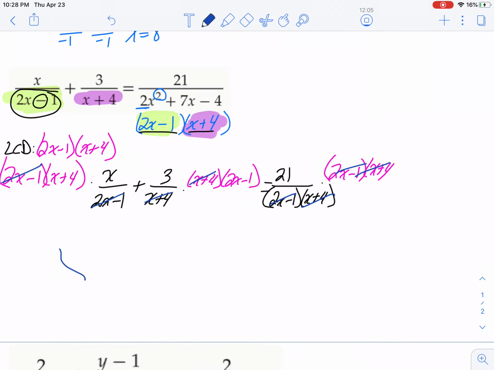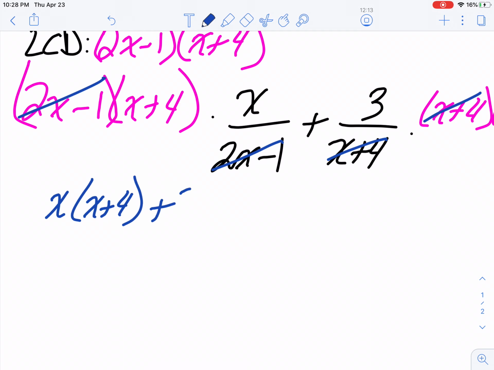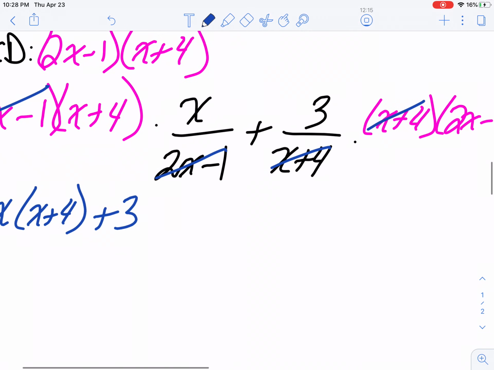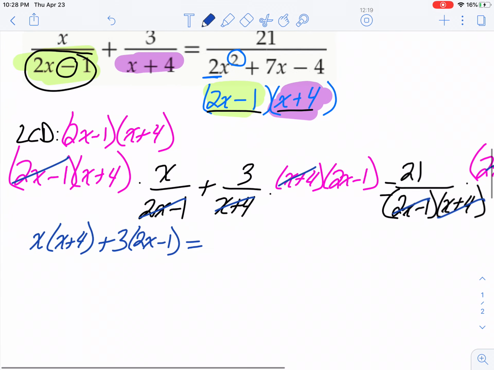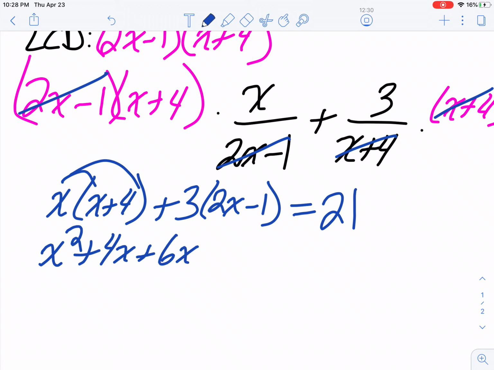And so I'm left with x times x plus 4 plus 3 times 2x minus 1 equals, everything canceled out over there but 21. So I can distribute. 3 times 2x is 6x minus 3 equals 21.